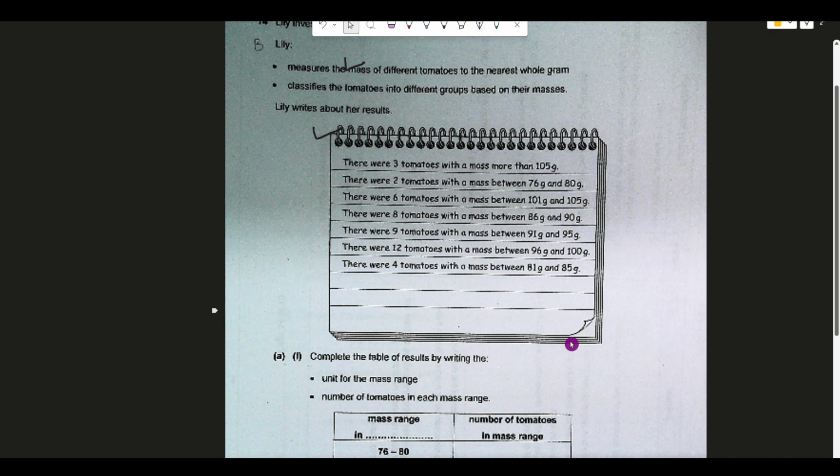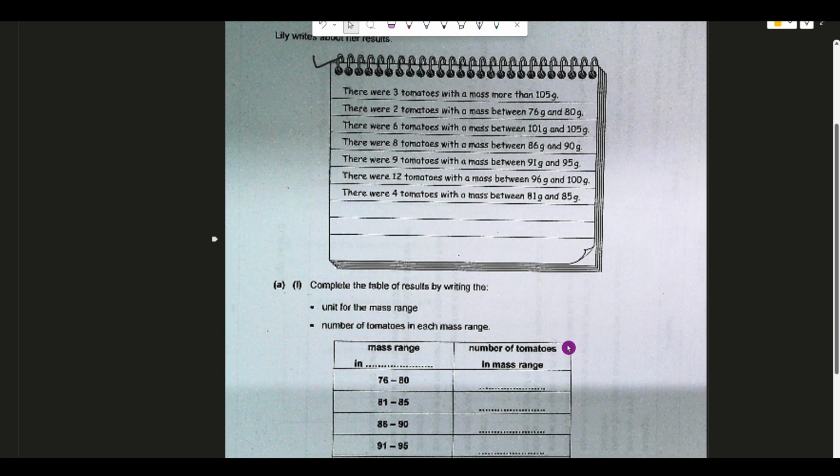Now let us try to answer the questions. So question number AI is: complete the table of results by writing the unit of the mass. So here you can write the answer. The unit of the mass is nothing but grams only, because she has taken all the masses in grams.